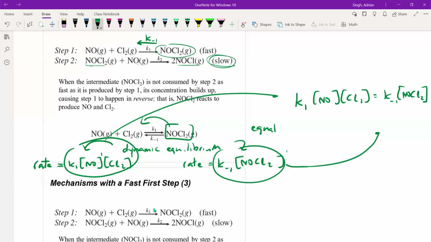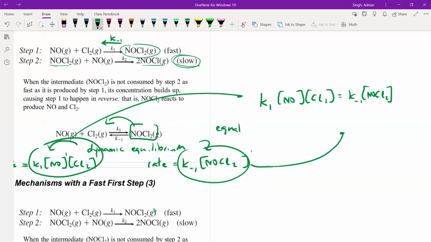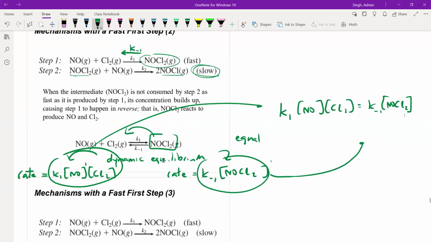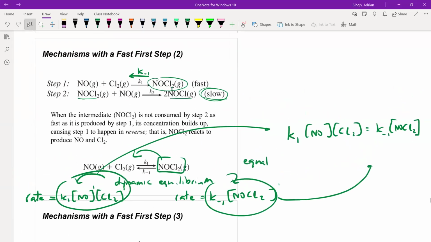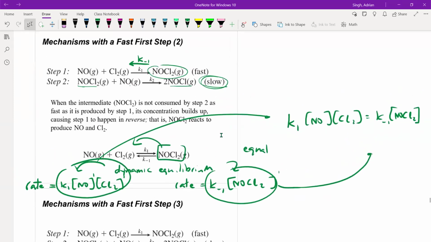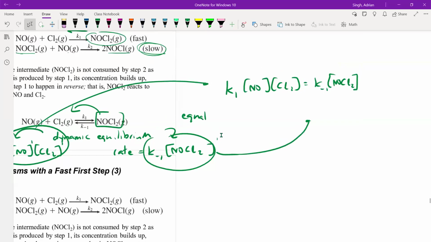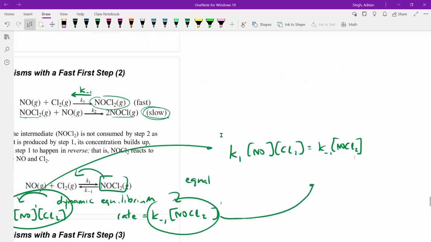Right, so we've set those equal to each other by reasoning why we have those rate equations in the first place, because we established that equilibrium. This fast first step leads to a buildup of the NOCl2 that doesn't go into step 2 as quickly, because step 2 is a lot slower. So what this means is we can now rearrange our equation.